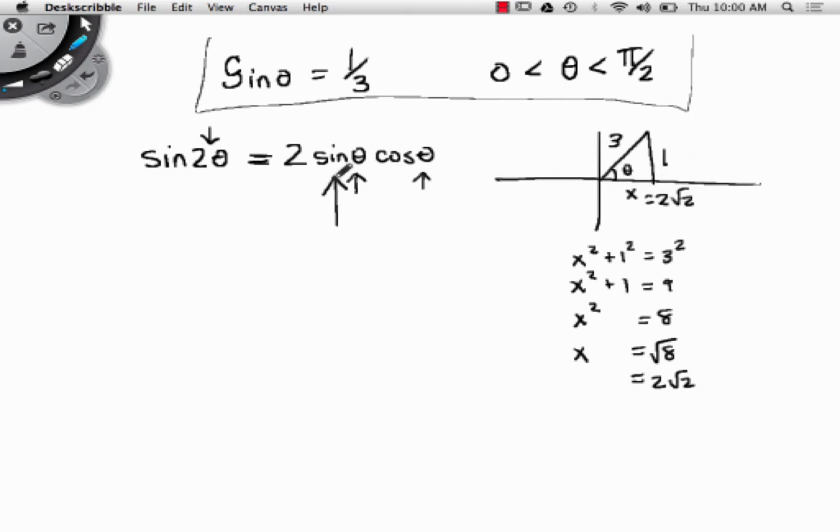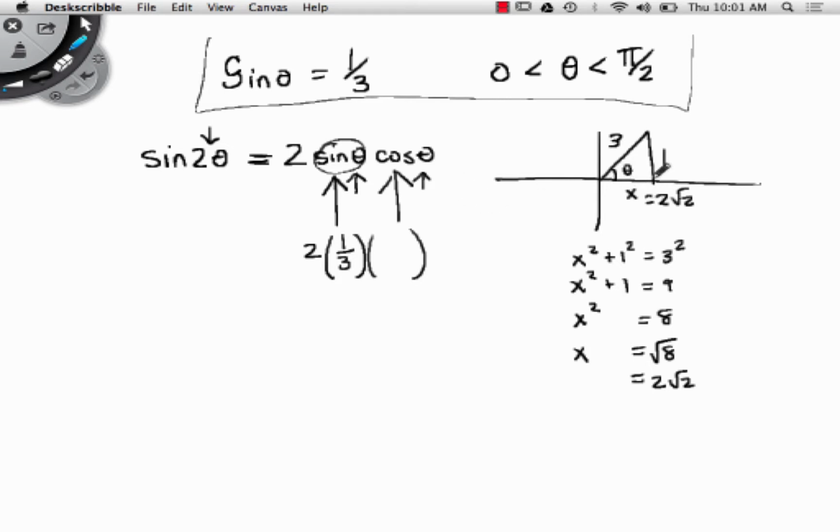Now, sine I already know. What is the sine of theta? It's 1/3, so I'm going to replace the sine of theta with 1/3: 2 times 1/3. And I'm going to replace the cosine of theta with what? Adjacent over hypotenuse.